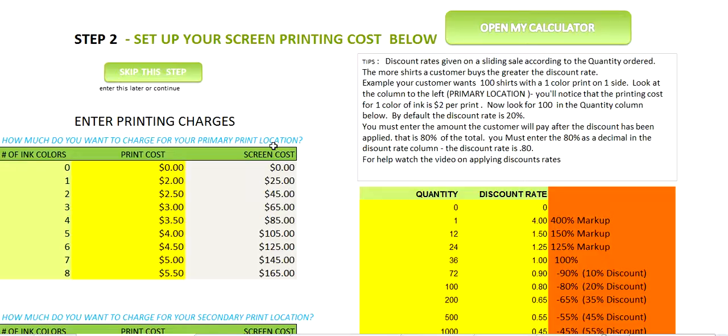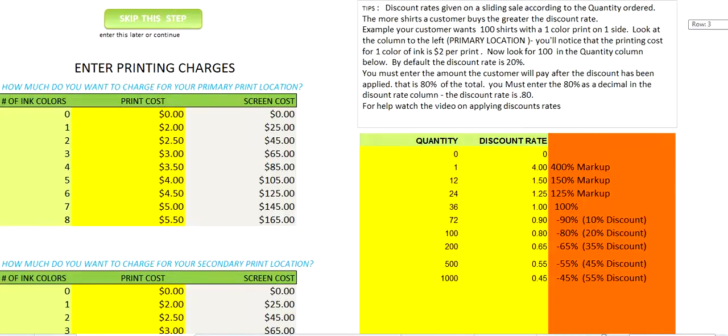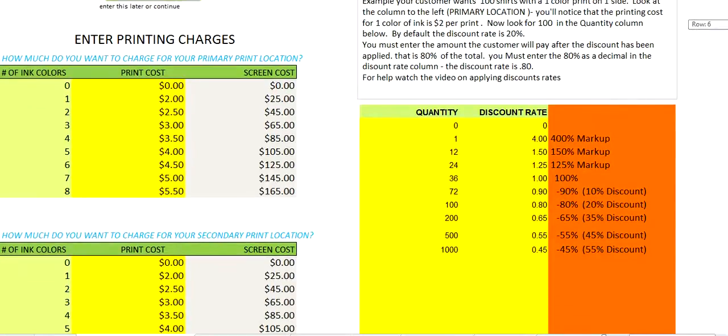However it is, it would be whatever place you have the most colors. And the reason for that is, some people charge one price for the front color and then a lower price for the back color. In my shop, we actually charge the same price for front and back printing.